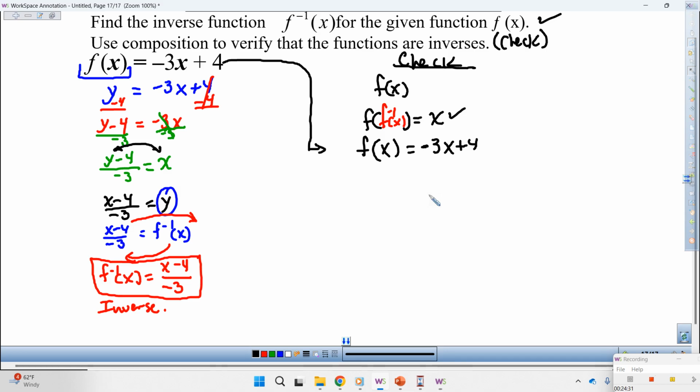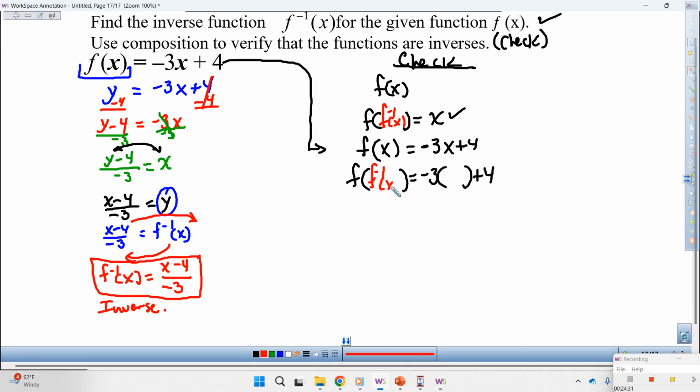Are we there so far? Okay. However, before you copy, instead of x, what did I say we're going to substitute in here? The inverse, yes? So I'm going to write f of negative 3 plus 4. So watch. What did I substitute here? The inverse.